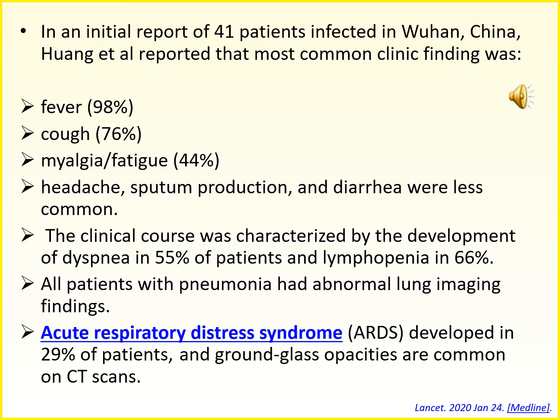So ground glass opacities common في السي تي سكان، ودي كانت في بيبر اللي اتعملت ل 41 عيان في الوهان في الشاينا.